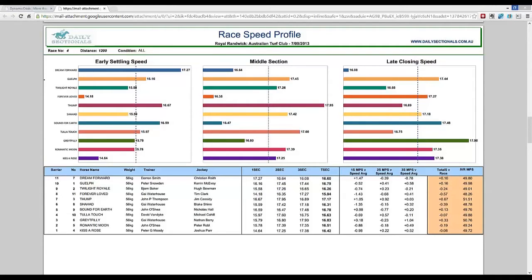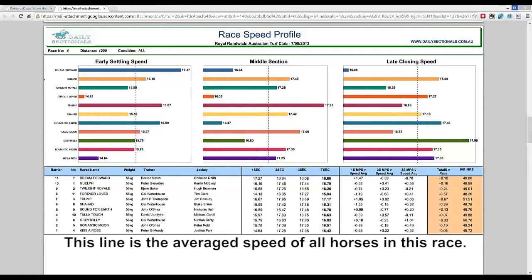So if we start off with a horse like Guelph, we look at first of all the early settling speed. We see the blue dotted line that runs pretty much all the way down the chart from Dreamford all the way down to Kiss Rose.